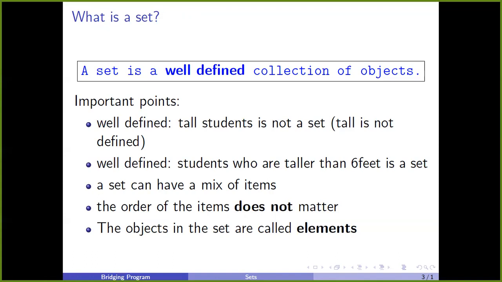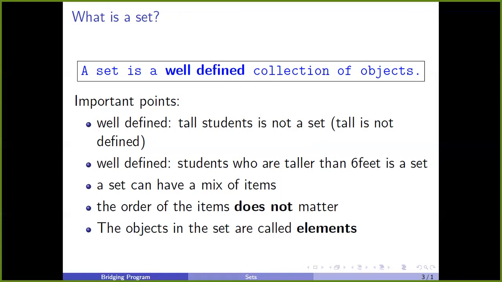If I say 1 2 3 or 2 3 1 or any combination of that, they are still the same set, because in that set I have all these three elements, and the order in which they appear is irrelevant. Now the objects in a set are called elements.